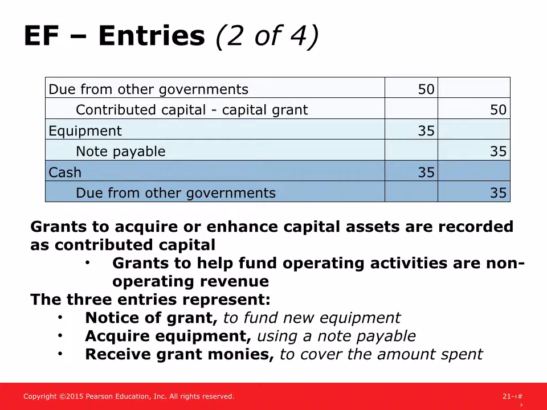So you would go out and actually purchase whatever equipment that you needed, and then of course the actual reimbursement of that purchase would come in the form of cash, and that's what the bottom journal entry that you see there is reflective of.